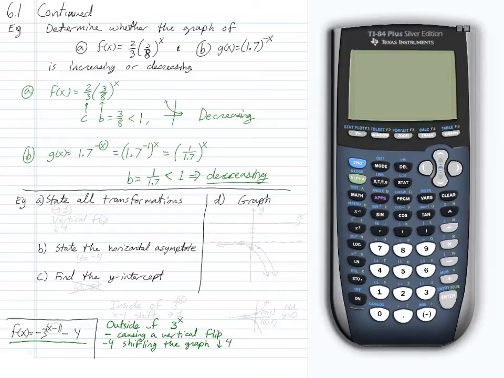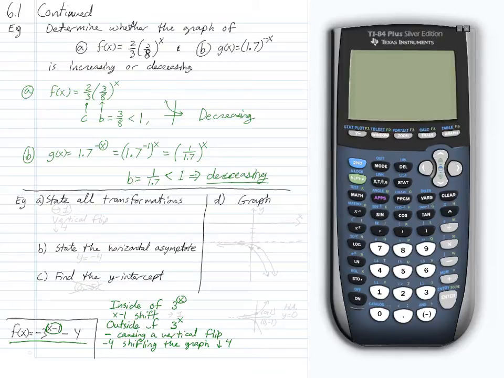Now on the other hand, inside of 3 to the x, where is inside? Well, that's going to be where my variable would be. Normally I have 3 to the x. In this case, I have x minus 1. So inside of the function, we're replacing x with x minus 1, so that's going to shift the function horizontally.